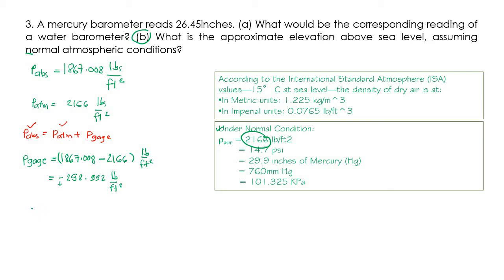We know also that gauge pressure is equal to the unit weight of the fluid multiplied by the height. In our case, we are not referring to a fluid, so we cannot use the unit weight of fluid. What is being asked is the approximate elevation above sea level, meaning this is atmospheric height.